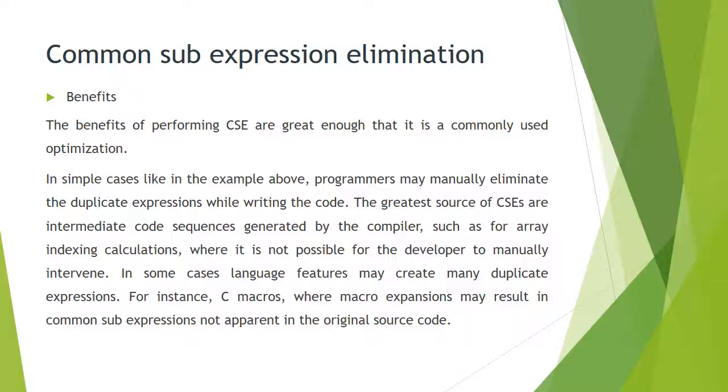The greatest source of CSEs are intermediate code sequences generated by the compiler, such as for array indexing calculations, where it is not possible for the developer to manually intervene. In some cases, language features may create many duplicate expressions. For instance, C macros, where macro expansions may result in common subexpressions not apparent in the original source code.